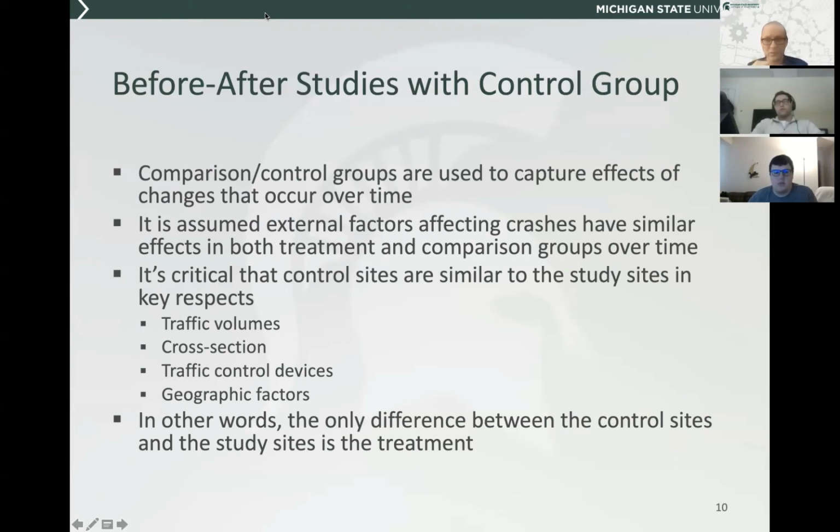Traffic control devices. So we're about to start a roundabout study next month for MDOT. And in that scenario, we'll be looking to compare the safety performance of roundabouts to different types of intersection control. And so we've got to be careful in those types of evaluations because it's certainly, I would say, not an apples to apples comparison if you're looking at four-way stop control versus signalized intersections as an example, minor road stop control.